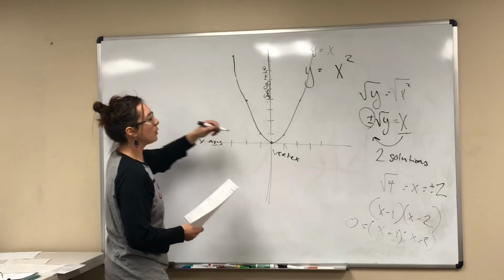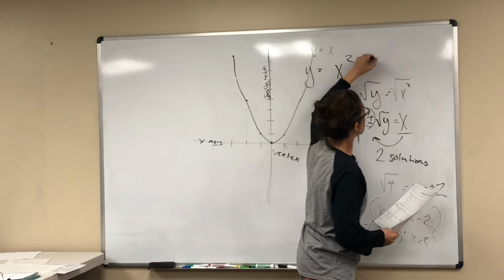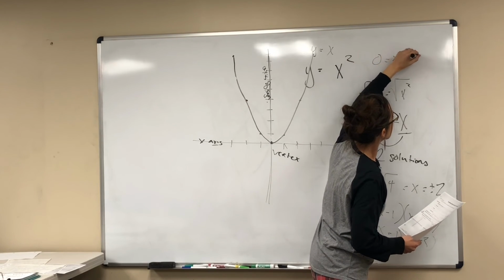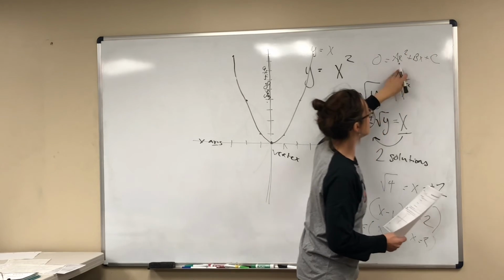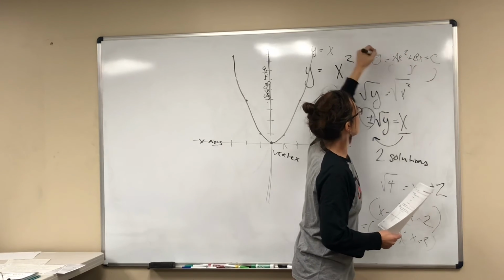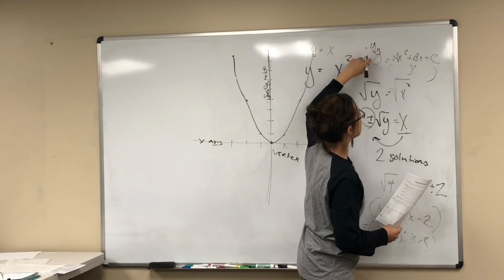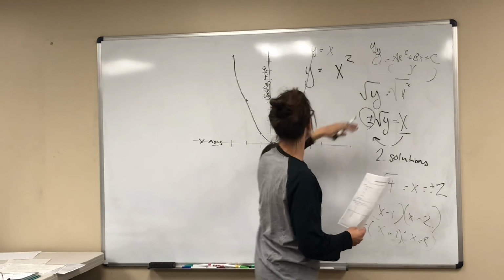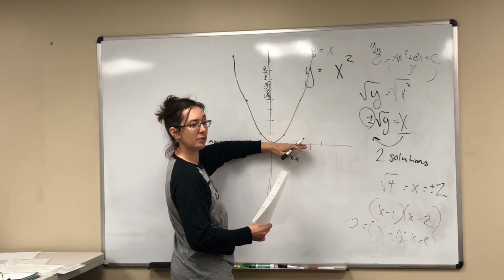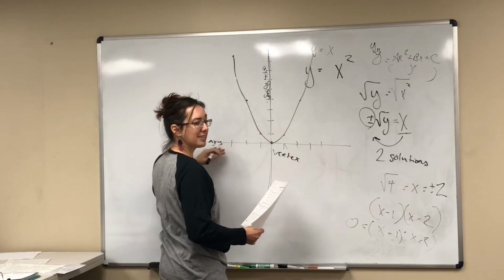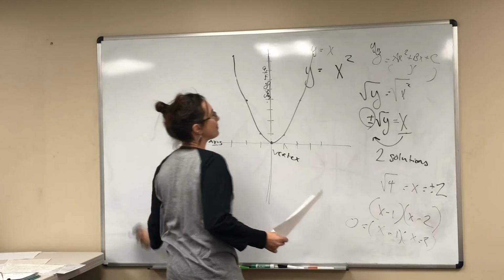When we set the whole thing to 0, we're technically setting y equal to 0. So when y is equal to 0, you're along the x-axis when you're graphing it.